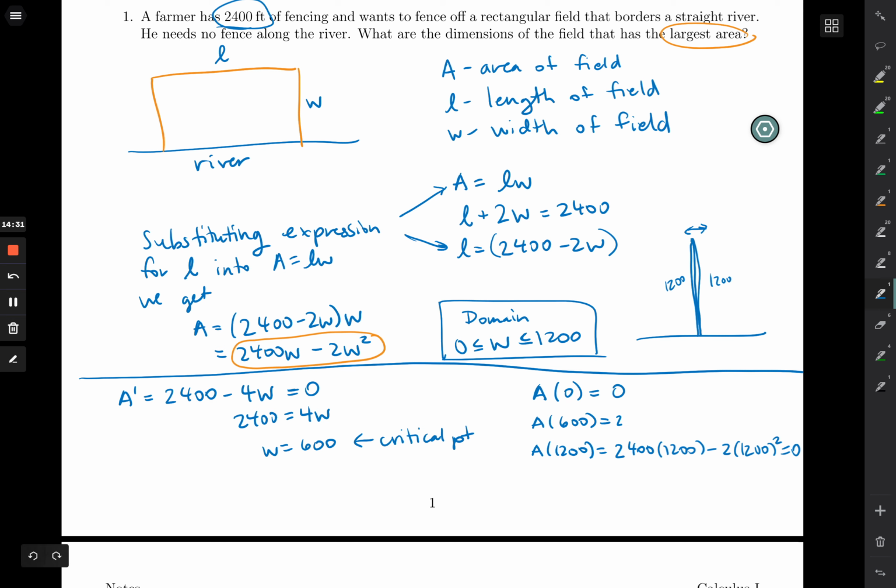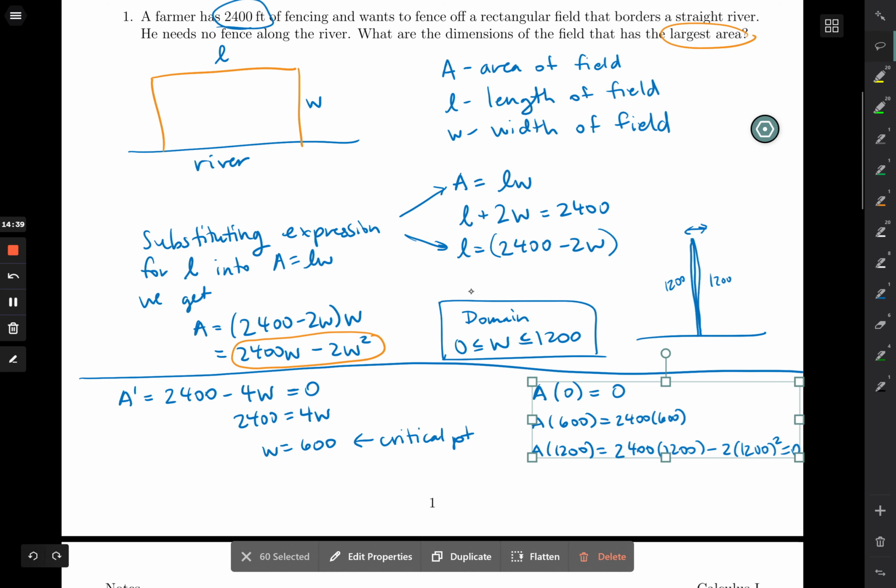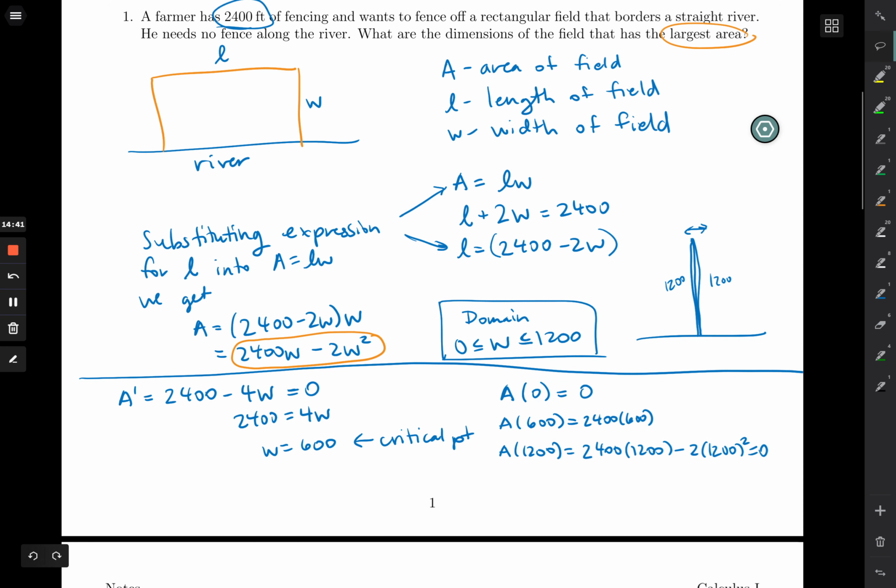So just plugging in to this formula, I'm going to move this over just a bit so I have enough room. So plugging in 600, if you throw this in a calculator, you should get 720,000 for the area, right?